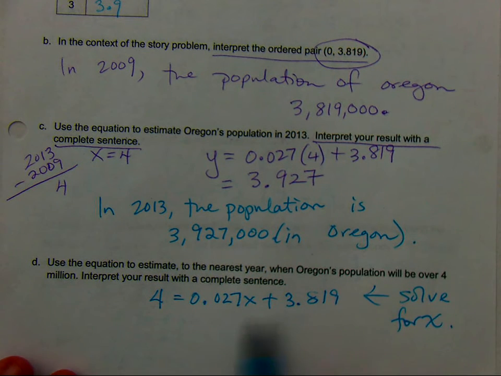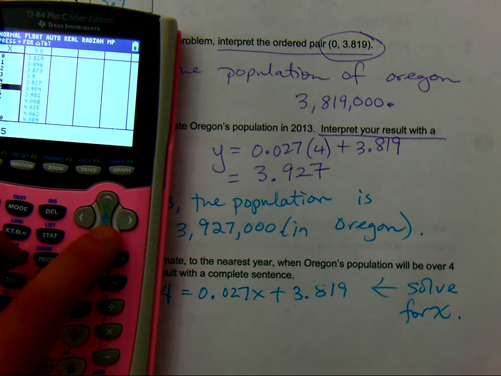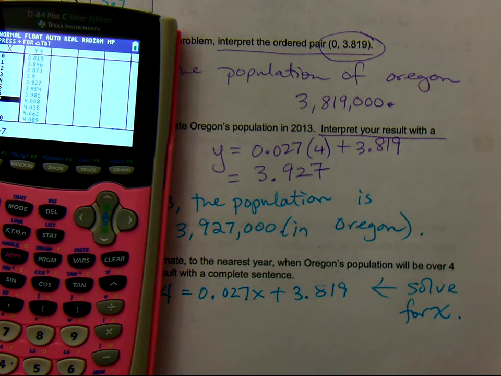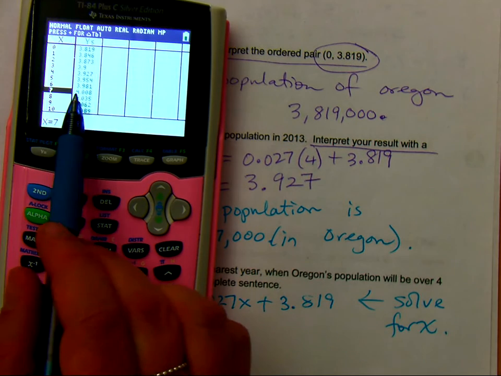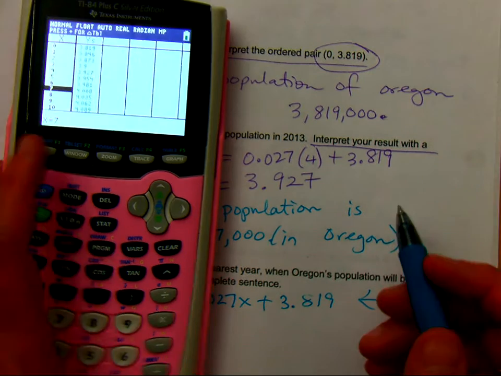Okay, I have a lot of decimal numbers, and of course I could use my calculator for that, but I like the idea of using the table. So essentially, I see it's going over 4, and this is in millions, after 7 years. So what year will it be when the population is over 4 million? And how'd you get 2015?